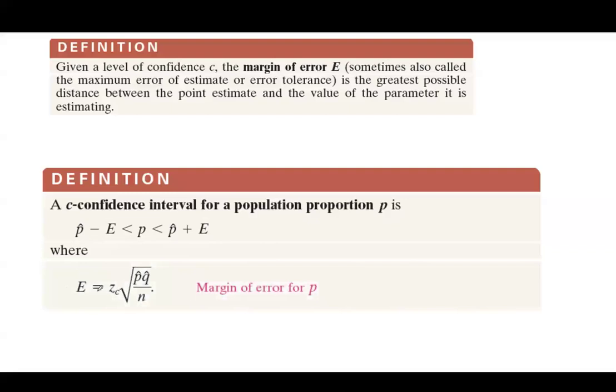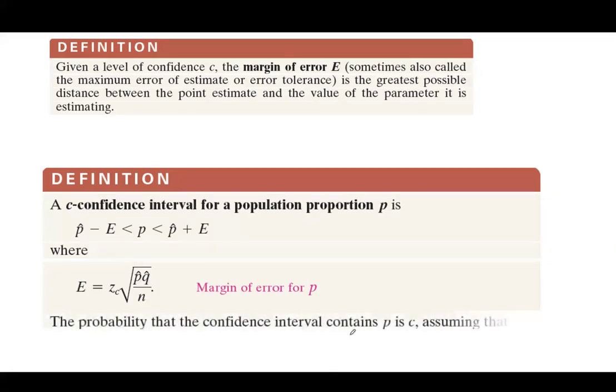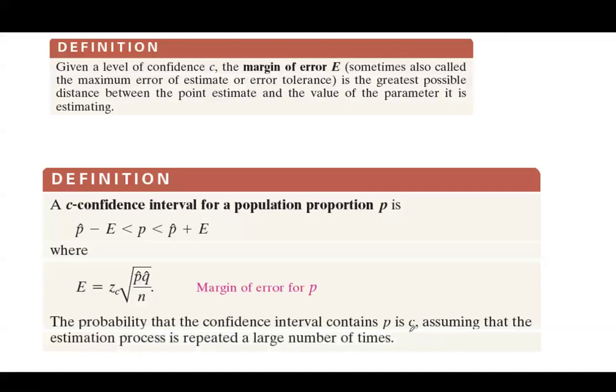The margin of error is zc, the critical value that you found, multiplied by the square root of p hat q hat divided by n. Very good. The probability that the confidence interval contains p is C, assuming that the estimation process is repeated a large number of times. Okay, we went over all the guidelines.